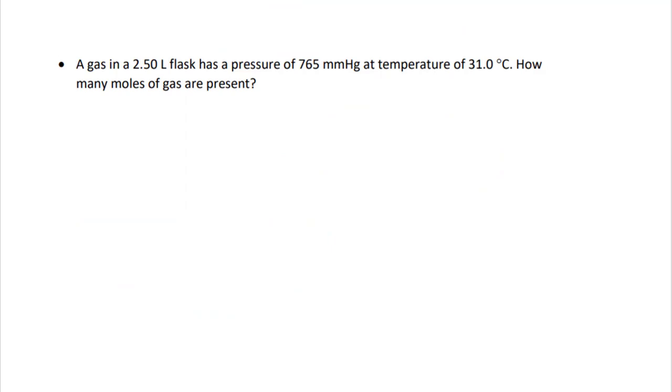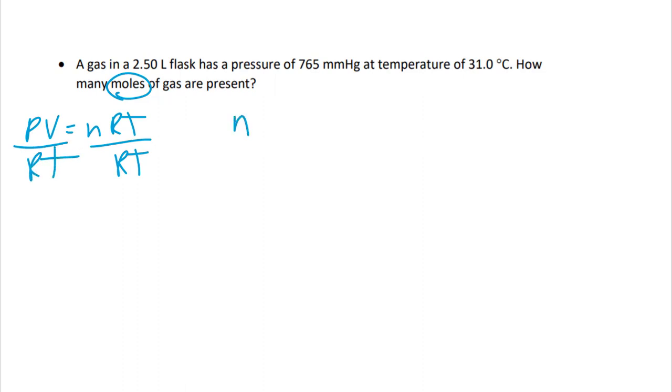And this one wants us to find how many moles. So it needs me to find N. So if I say PV equals nRT, remember to have N by itself, I got to get rid of RT. So N is equal to pressure times volume over R times T. Now let's see what variables I have.